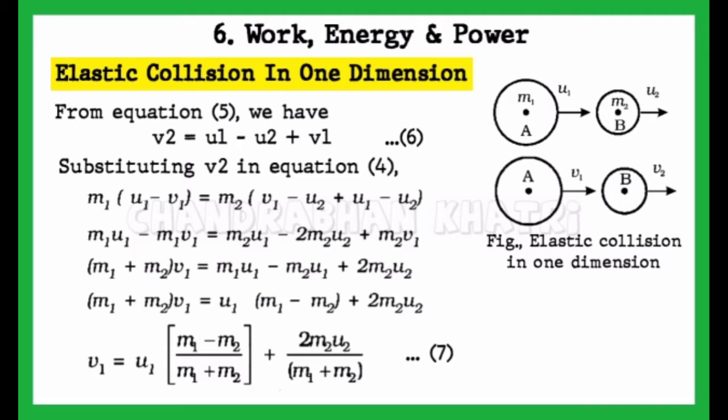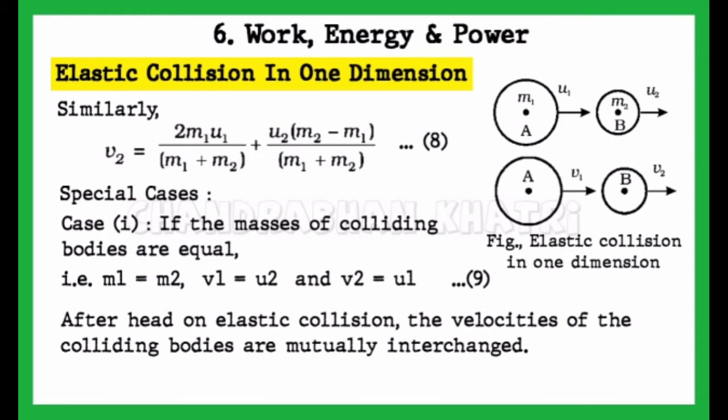After taking u1 common on the right hand side, we can write (m1 plus m2) into v1 is equal to u1 into (m1 minus m2) plus 2 m2 u2. Or we can find the value of v1 is equal to u1 into (m1 minus m2) upon (m1 plus m2) plus 2 m2 u2 upon (m1 plus m2). This is the seventh equation.